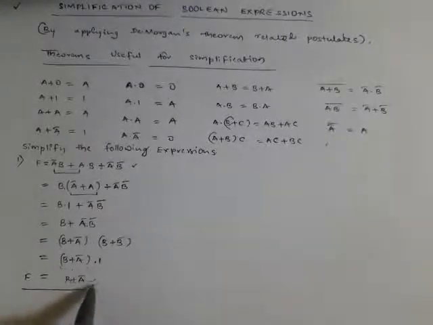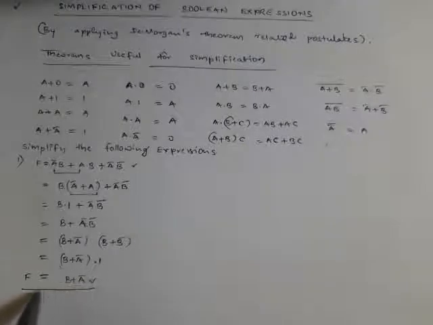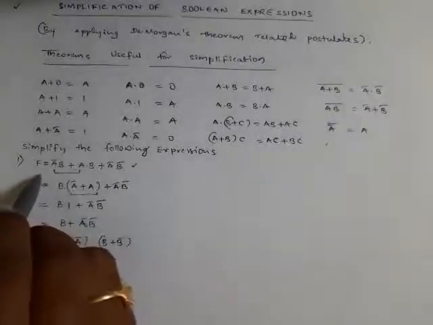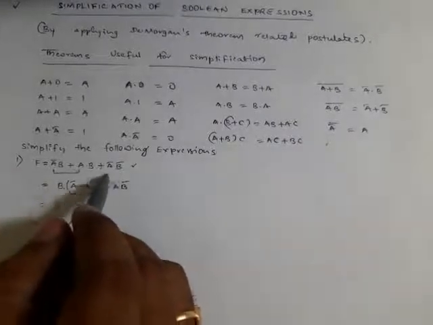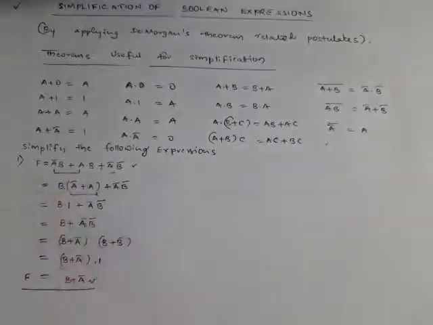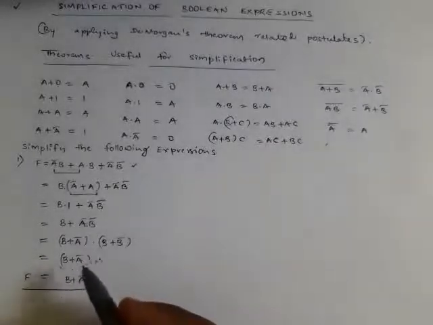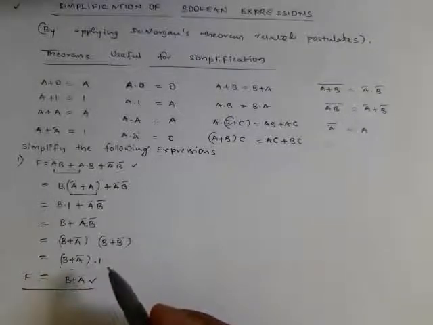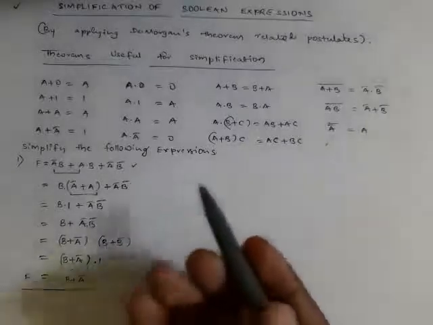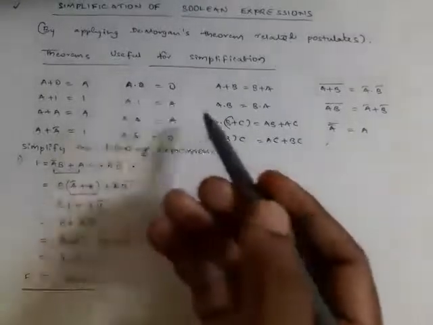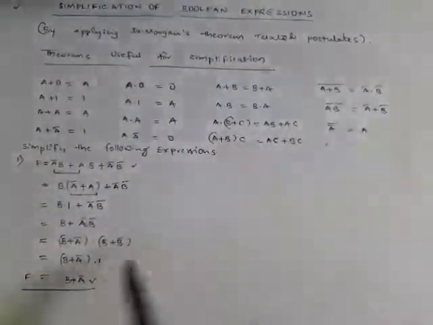So realizing the simplified expression is economical compared to realizing the unsimplified or original expression. That is the advantage of simplifying Boolean expressions, and this is how we can simplify the given expression by using the already known theorems and postulates.